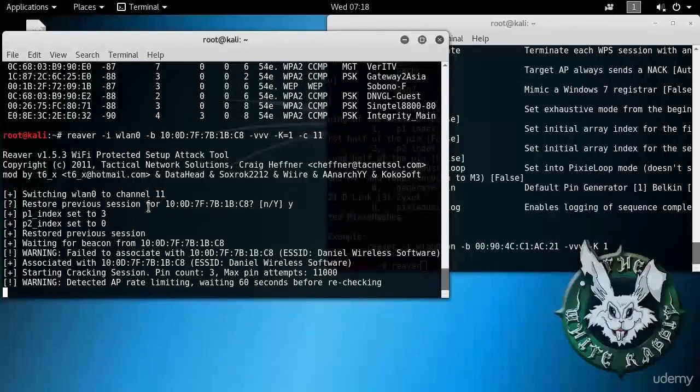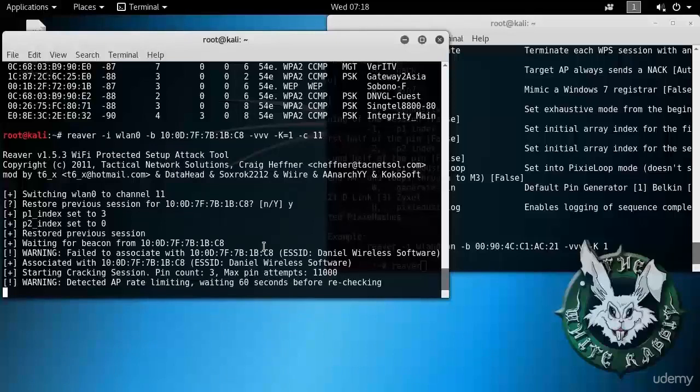Now, notice that reaver is helpful in the sense that it will keep your previous session results, so you can continue again later and not have to wait very long. And there are various mechanisms whereby wireless access points will make it more difficult for people to find a pin using tools like reaver. So for example, you might have to wait before trying with a new pin.